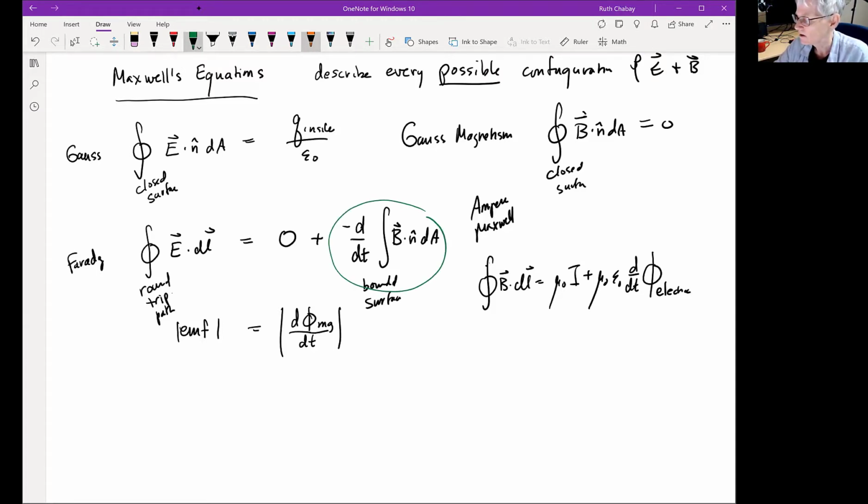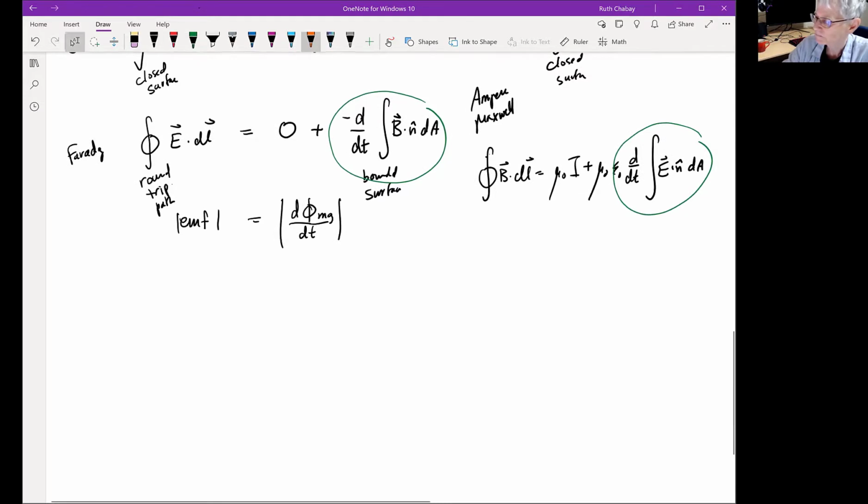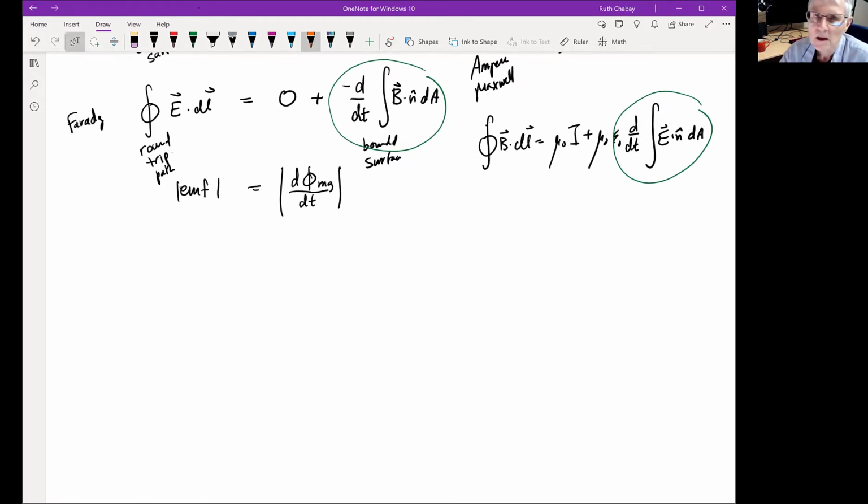And here's a, I will actually write this out the other way just so we can see inside it. So E dot n hat dA. So we've got this dE dt that can make a magnetic field. And that's what we really want to get out of these equations, the idea that a time-varying magnetic field is responsible for a curly electric field, and a time-varying electric field is responsible for a curly magnetic field.